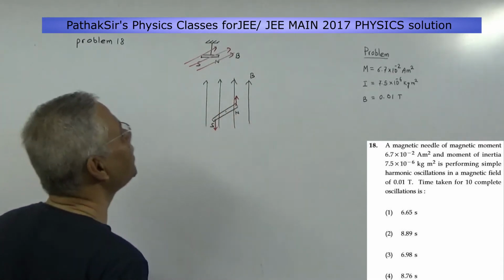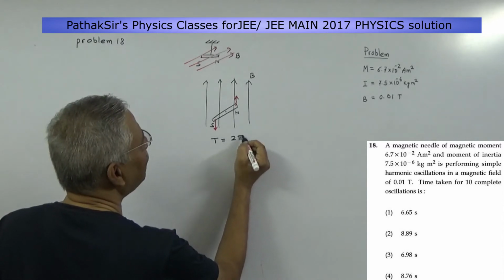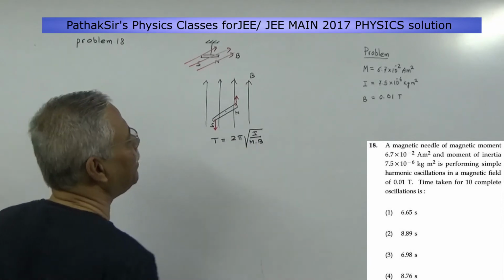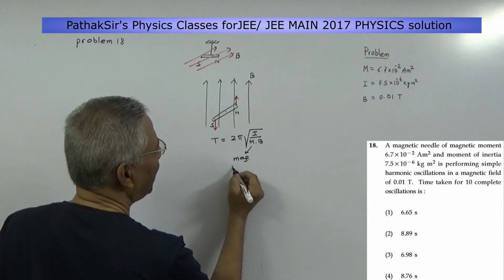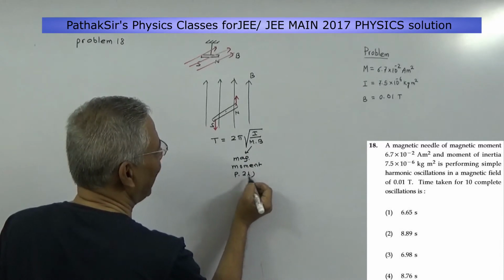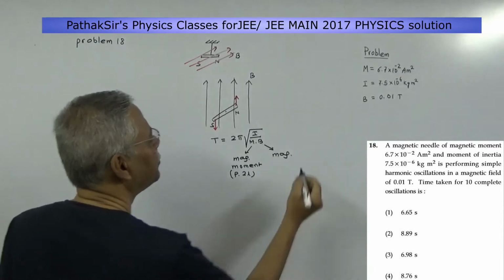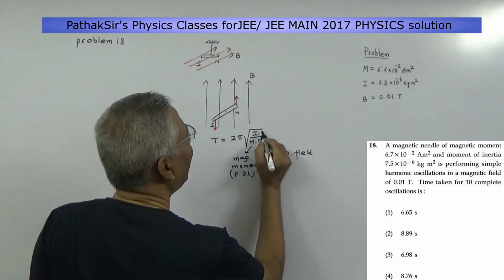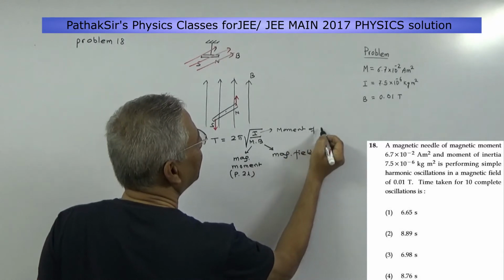This oscillation is simple harmonic, and for this oscillation the time period is given by 2 pi root over I by mB, where m is the magnetic moment, that means pole strength into 2L, and B is the magnetic field in which the magnet is suspended, and I is the moment of inertia of the magnet.